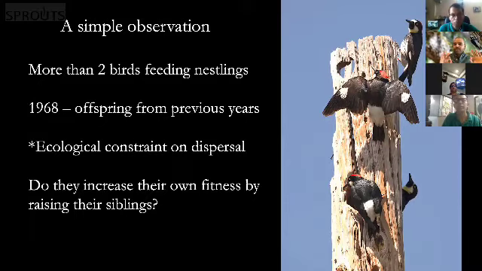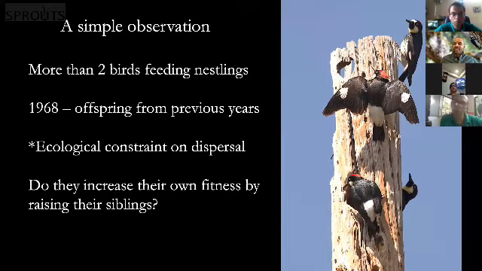Does that make sense to everyone? I can't actually see if you can type quickly, because I don't know. This is not the easiest concept to wrap your head around. So individual fitness versus the fitness of the clan or the group. No, it's individual fitness versus individual fitness.